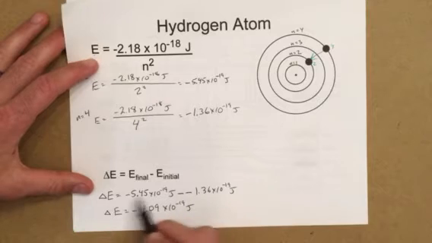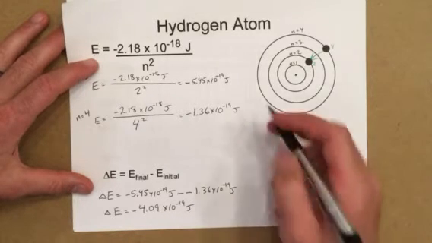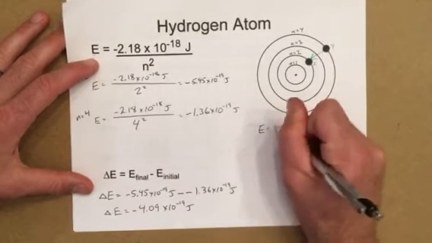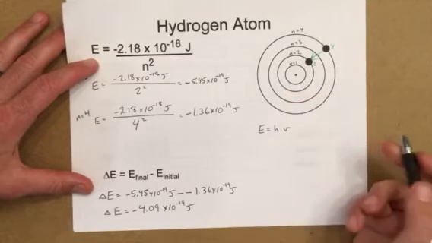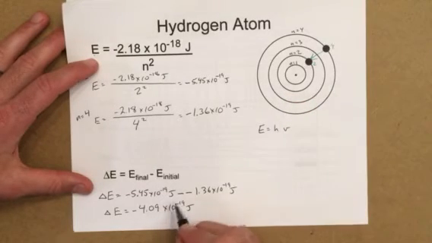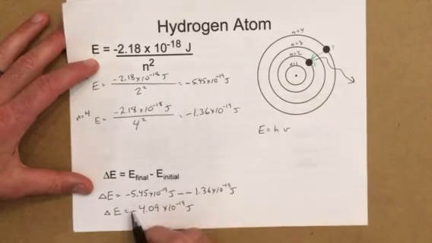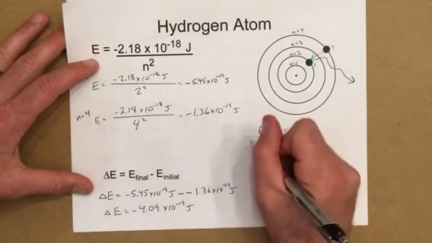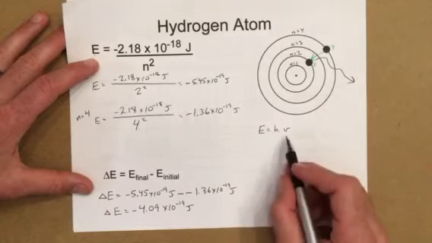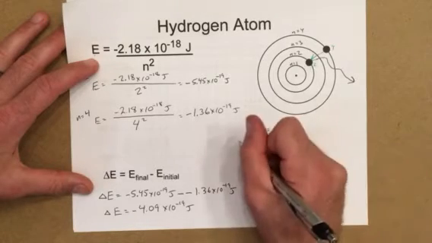All right, well, let's take this a step further. So we have this amount of energy, and we know that each energy of light is related to a particular frequency. So if we take this amount of energy, this negative sign means that the energy is going to be released. Okay, so the negative sign, just like in our thermochemistry chapter, means that the energy is being released. When I use it in this equation, I'm going to change the sign to positive because I know the frequency has to be positive.